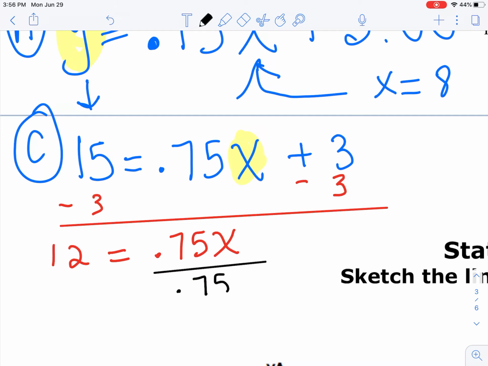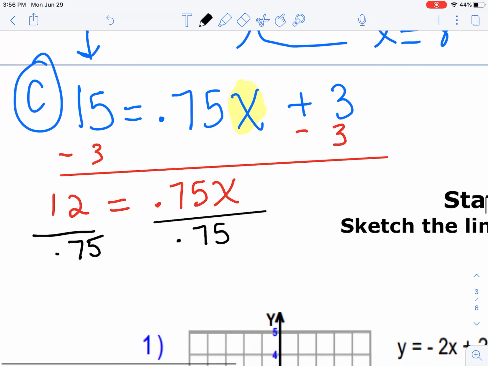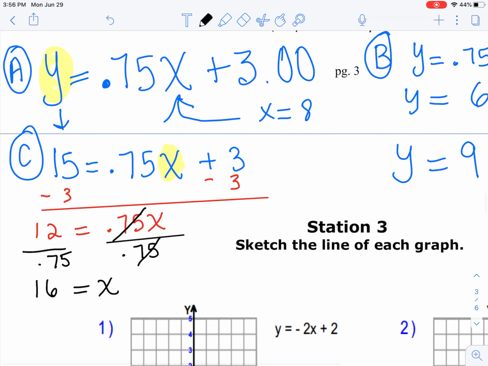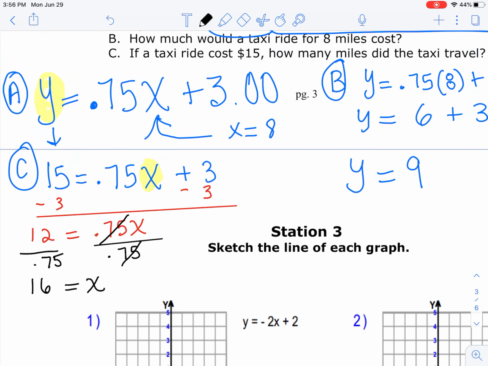We're going to divide both sides by the 75 cents to isolate x. And now we're going to simplify. 12 divided by the 75 cents gives us 16, which equals x. So that must mean that if they spent $15 on the taxi, they had to have gone 16 miles.